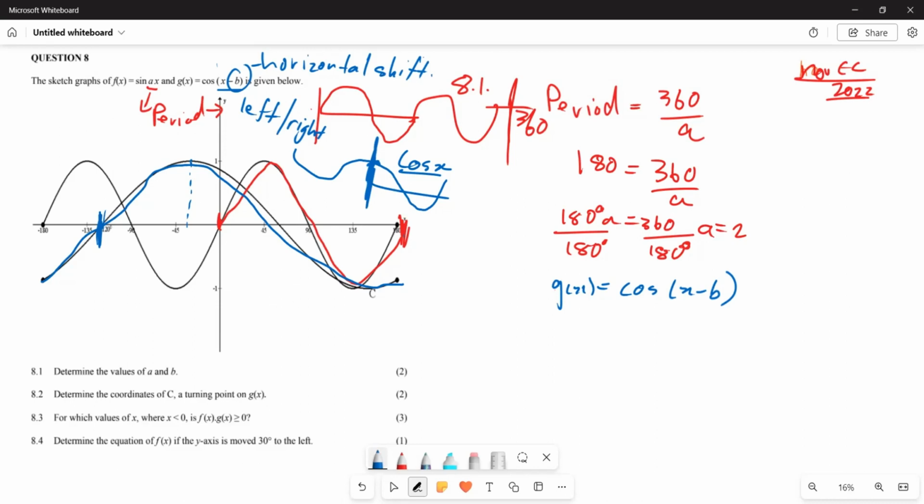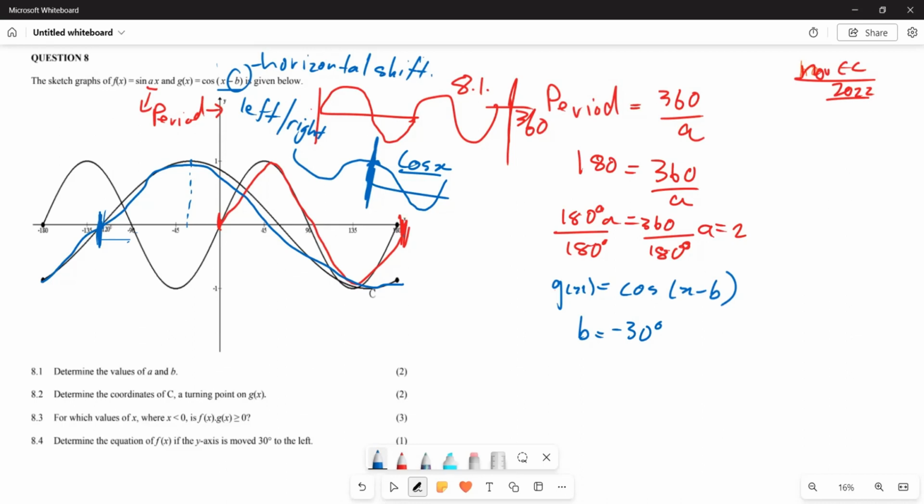So moving from 90 degrees to 120 degrees, it is 30 degrees, right? So the value of your b, the graph is shifted 30 degrees to the left, which means the entire graph is taken and shifted 30 degrees to the left, right? So that's basically what you need to consider for that.